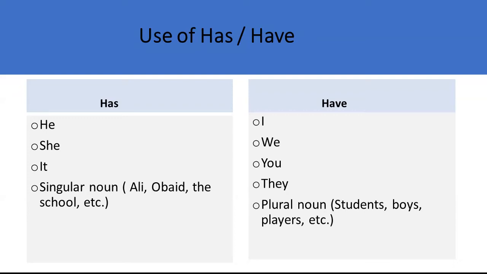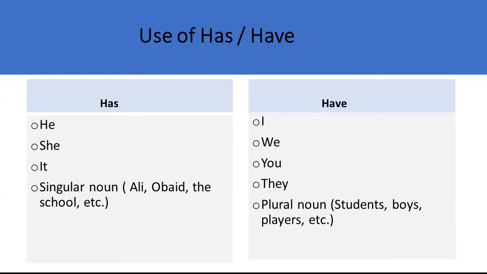It means that we talk about the actions that are completed, finished. The structure or formation of present perfect tense bears a subject, auxiliary verb has or have, and third form of verb or past participle and an object.